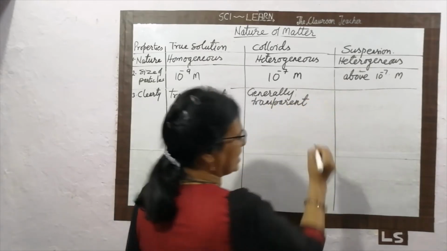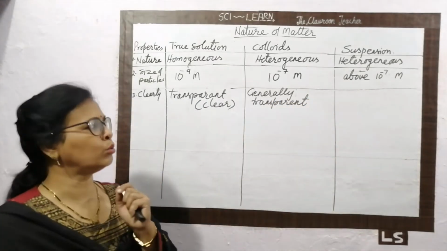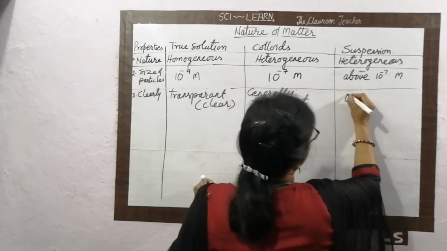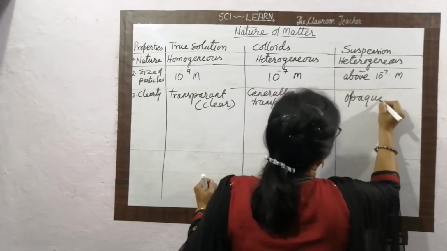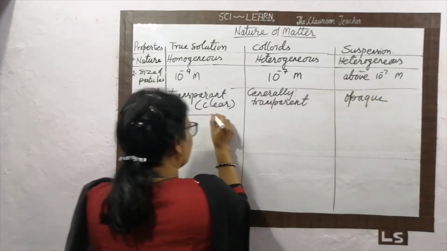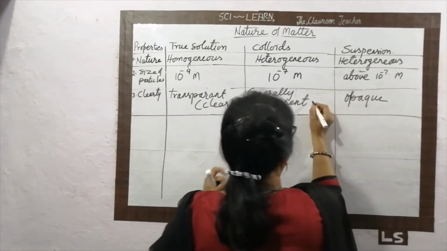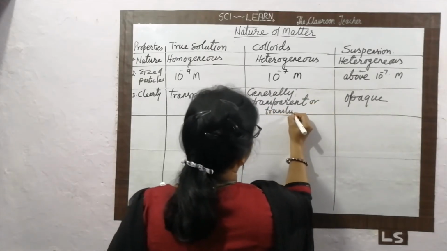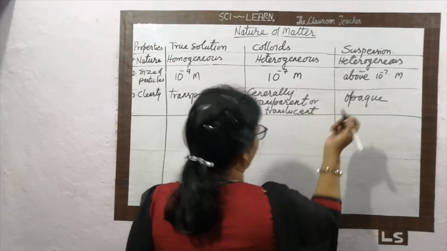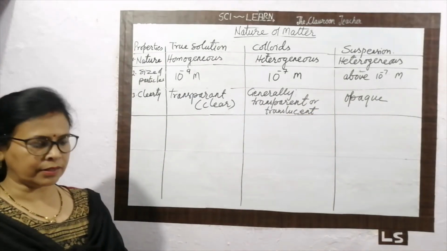Somehow it is hazy, and haziness is called translucent. But the suspension is always opaque. All these terms you already learned in class 8: transparent, translucent and opaque. You know very well what these terms are.